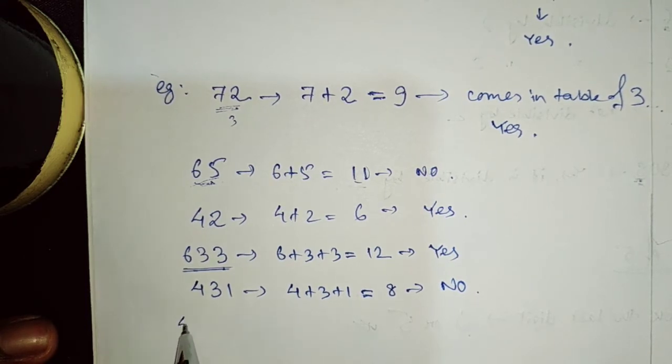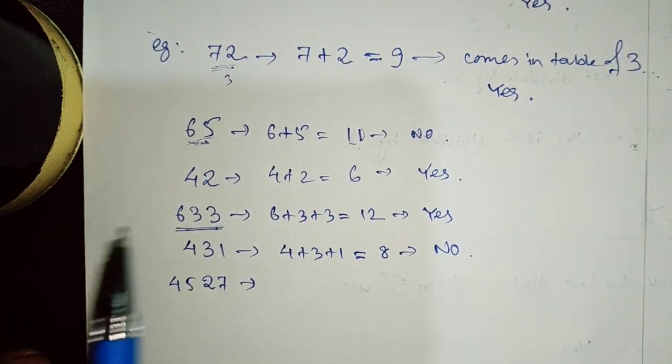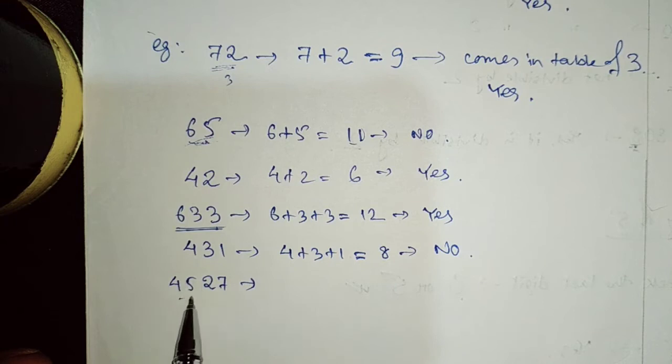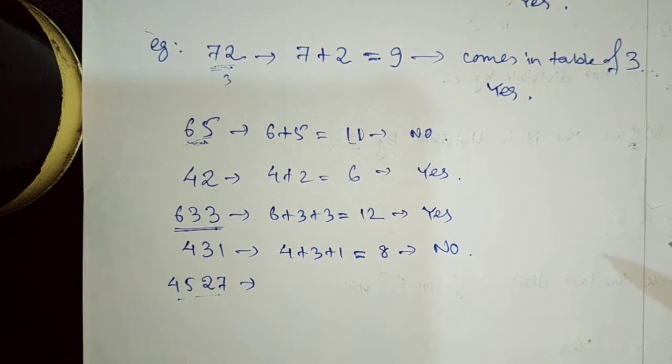And 4, 5, 2, 7. After watching this video, find out whether 4527 is divisible by 3 or not. After watching this video, you just reply to me in the WhatsApp group.